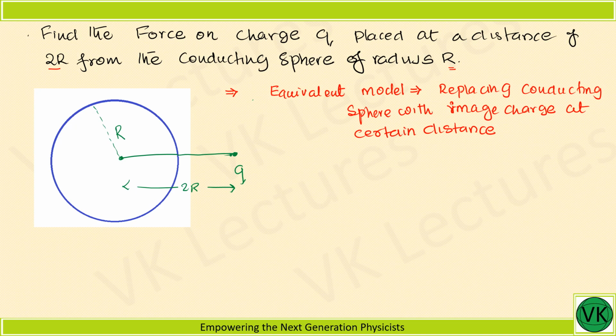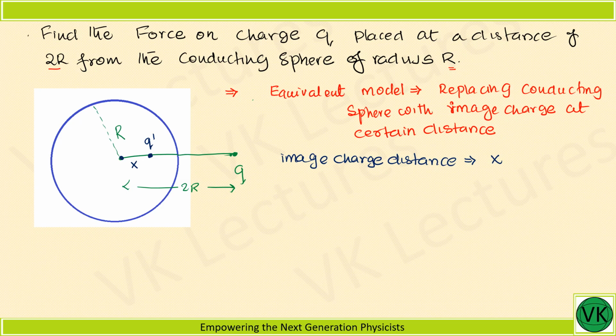Now the image charge distance is given by x. Let's say we have the x, and this is q dash, that is the image charge. x is the distance from the center to the point where q dash is placed. So we need to find the image distance x and q dash.